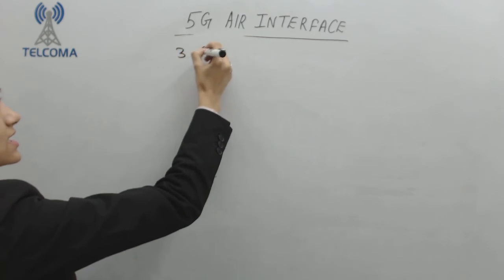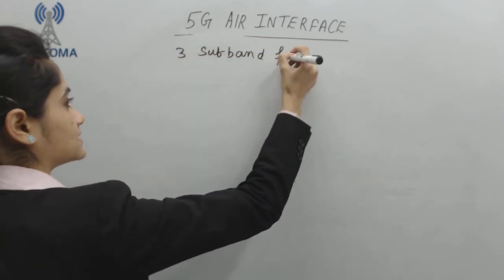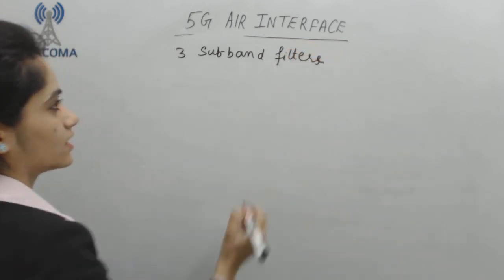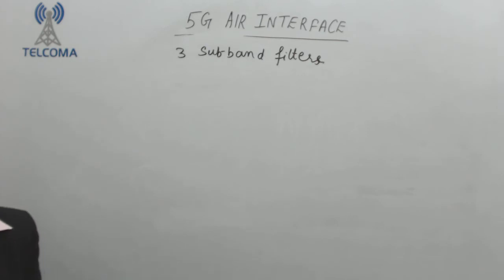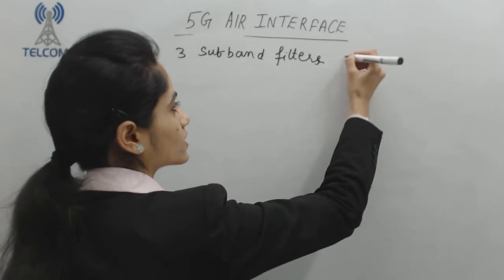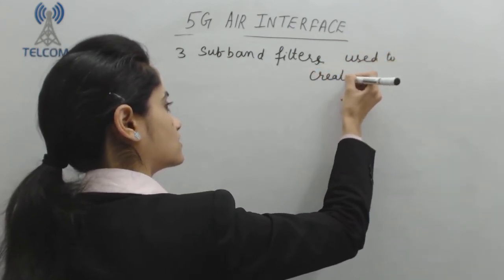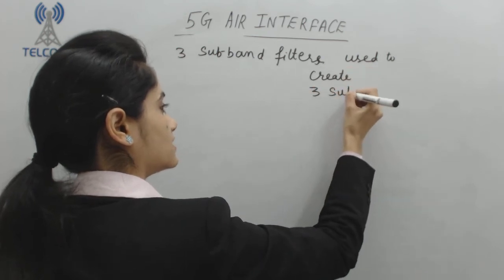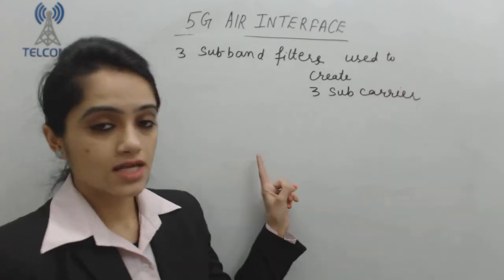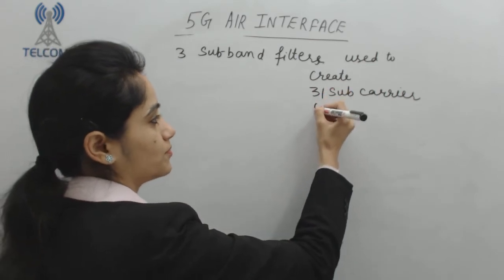I require three subband filters, which are used to create three OFDMA subcarrier groupings.